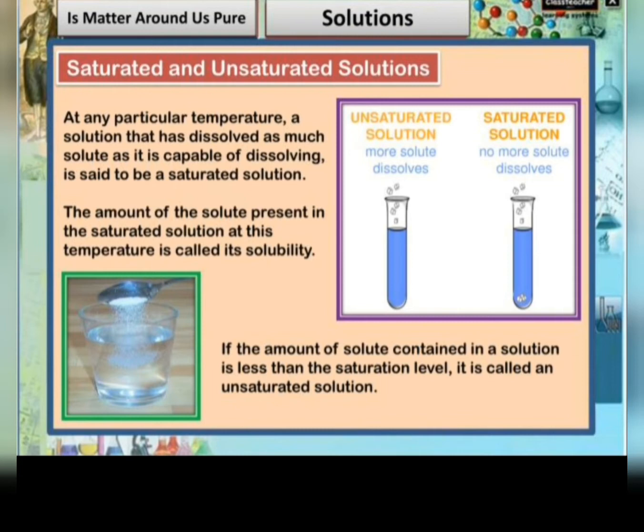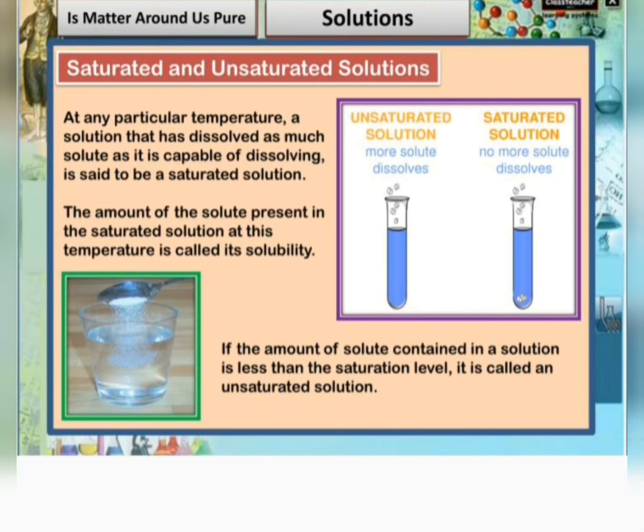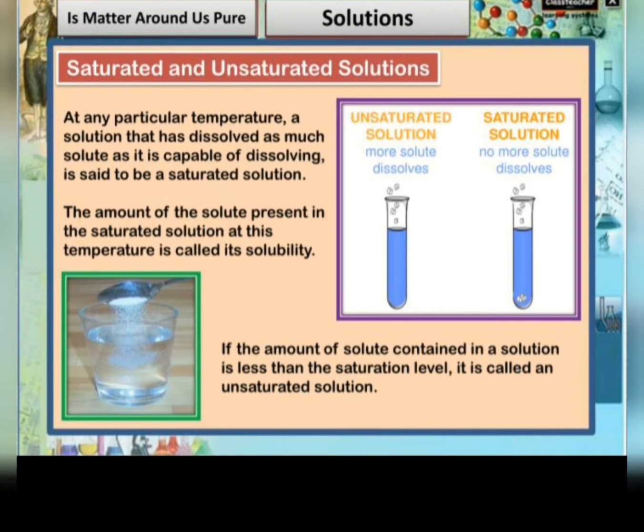It means the solute which you are adding is actually less than the maximum solute which gets dissolved at that temperature. So that is why when you are adding more and more solute, it easily gets dissolved, because you haven't reached that maximum level. Okay, so in an unsaturated solution, you can add more quantity of solute without changing the temperature.